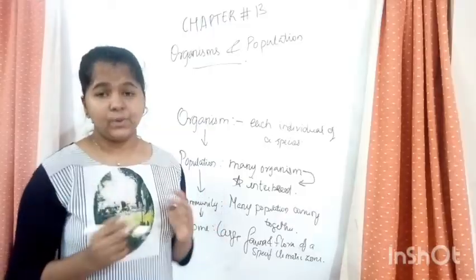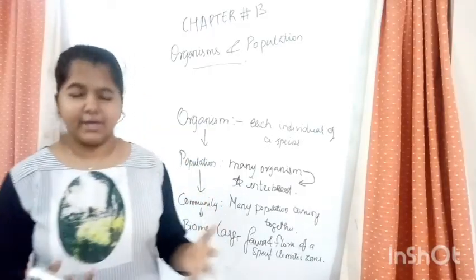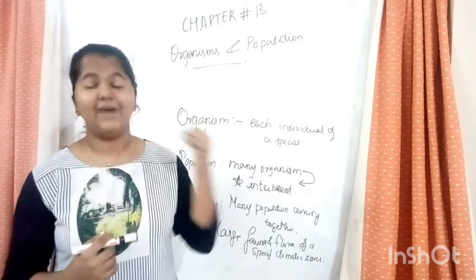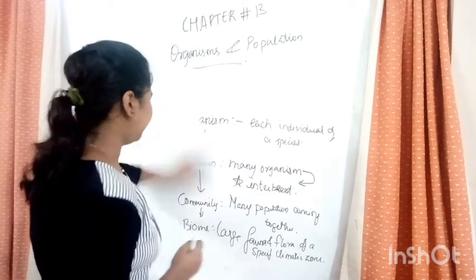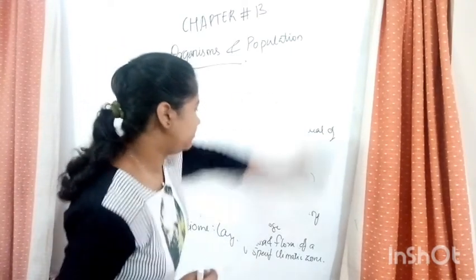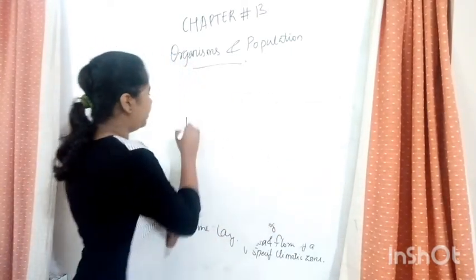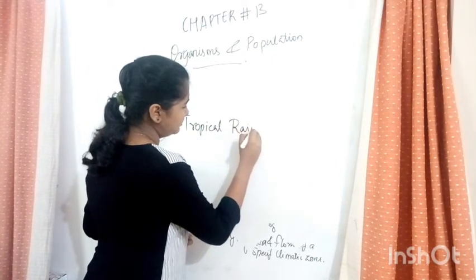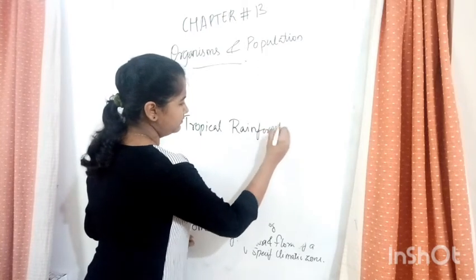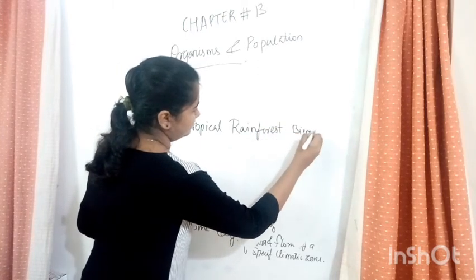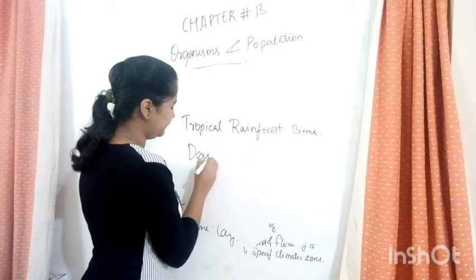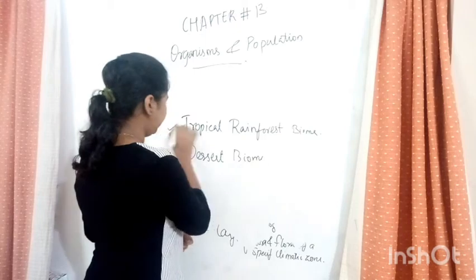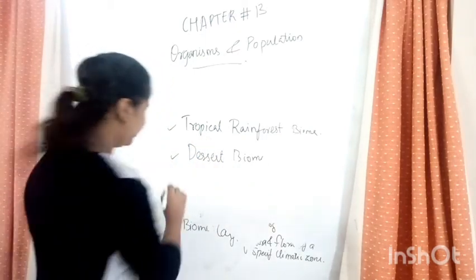Okay? So to talk about biomes, there are different biomes in our earth. What all are those? We'll list out some examples. The first example is tropical rainforest biome, then desert biome, then what else do we know?